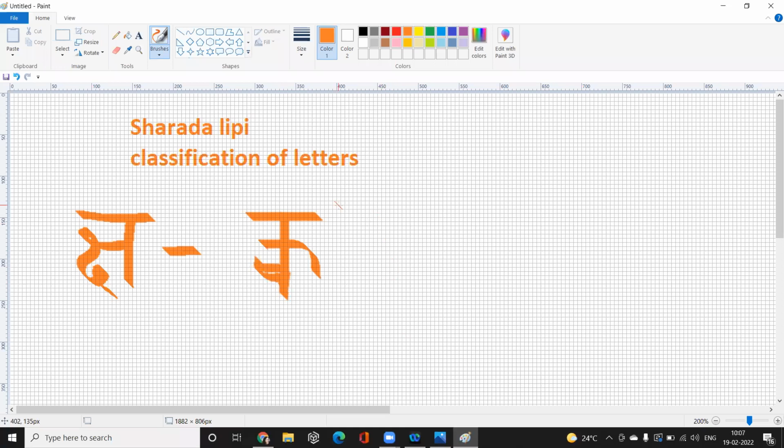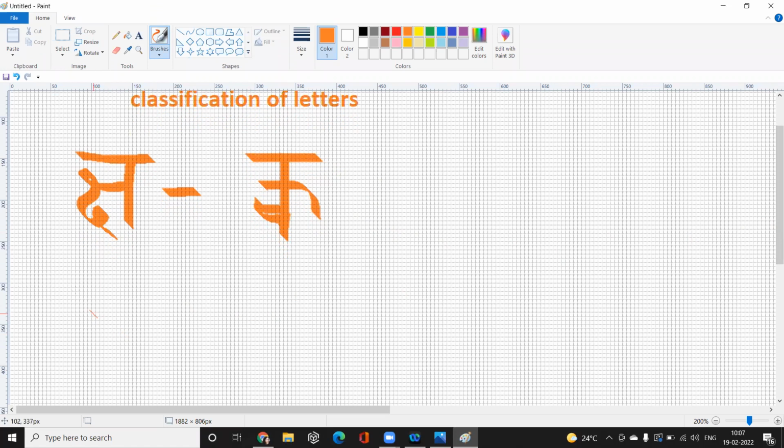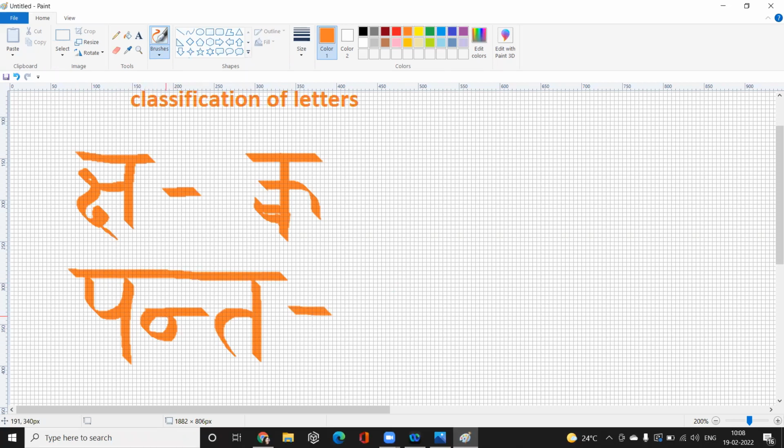So basically, in Shaada Lipi, for example, we have half letters in Devanagari. If we have to write a word like Pant, we have these half letters. These half letters mean that the N is being pronounced without the sound of the vowel with it.